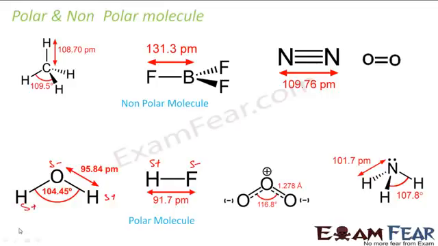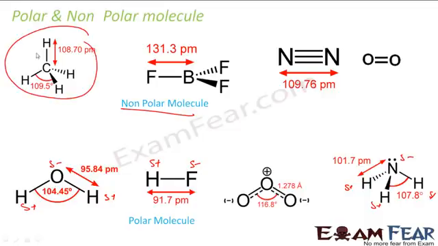So the electronegativity difference is more, it will be polar. Here also nitrogen will have slightly negative charge and hydrogens slightly positive. Oxygen will have slightly negative and slightly positive because of resonance. So these are polar molecules which have partial positive, partial negative charge, maybe because of resonance or difference in electronegativity.